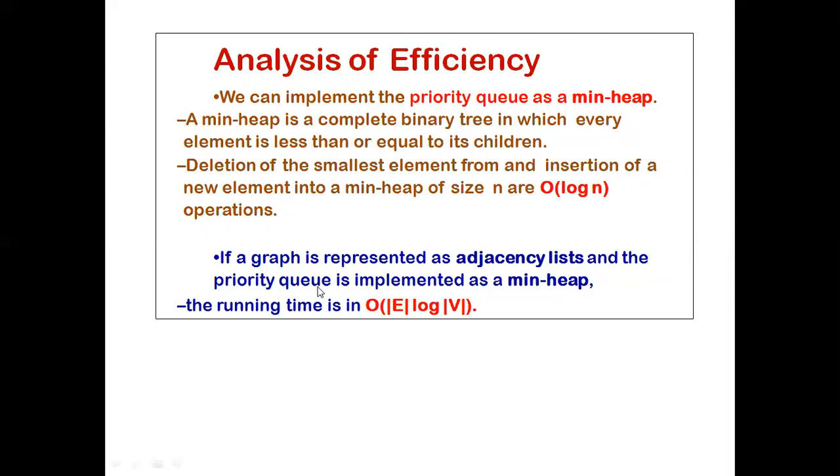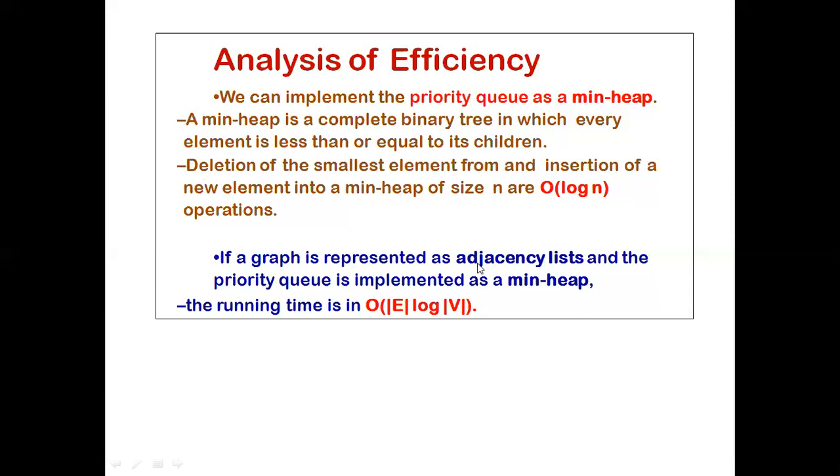If the priority queue is implemented using a min heap and the graph is represented through an adjacency list, then the heap takes time for insertion and deletion in order of log n, where n is the number of vertices in the graph.